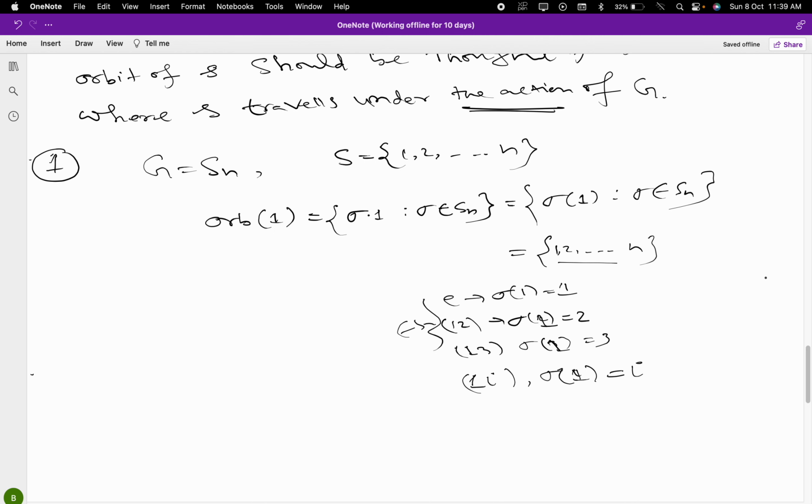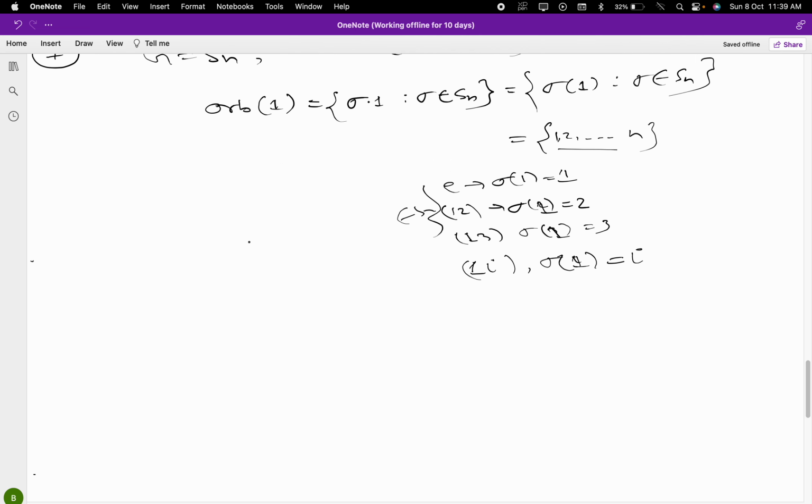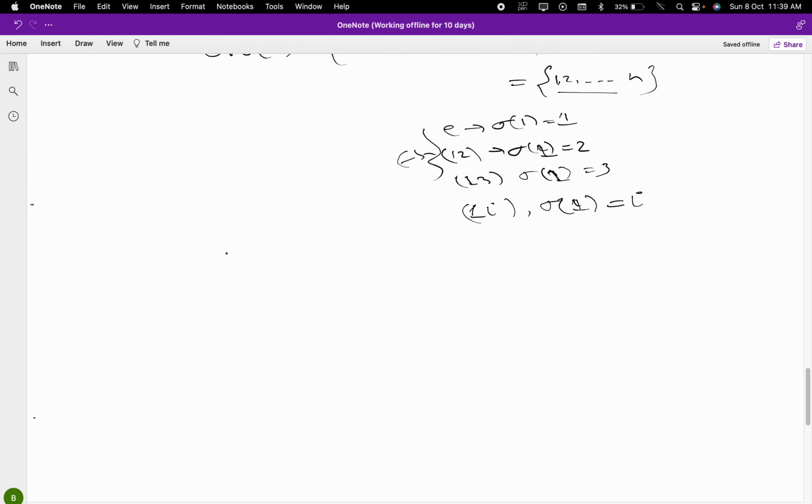I am just taking a simple example, the group S3, and then it will be more clear why the orbit of any element gives the entire set.